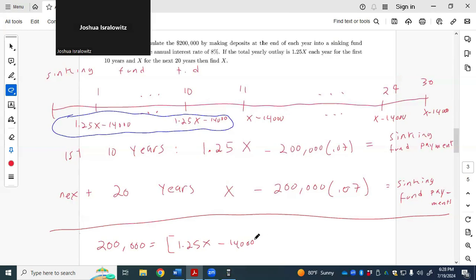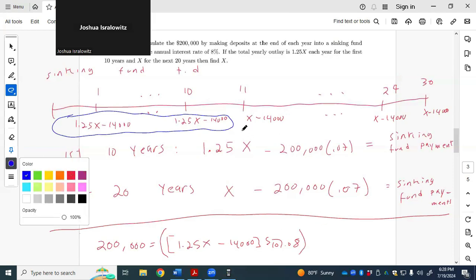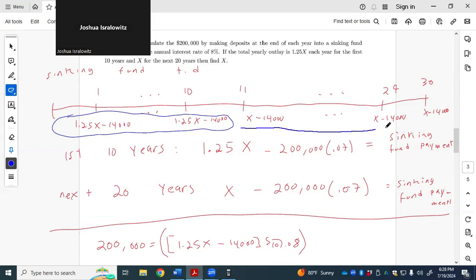These are my payments, so this accumulates to S10 at 8%, since the sinking fund earns 8% interest. And this is going to sit in the account for 30 years. So from 10 to 30.